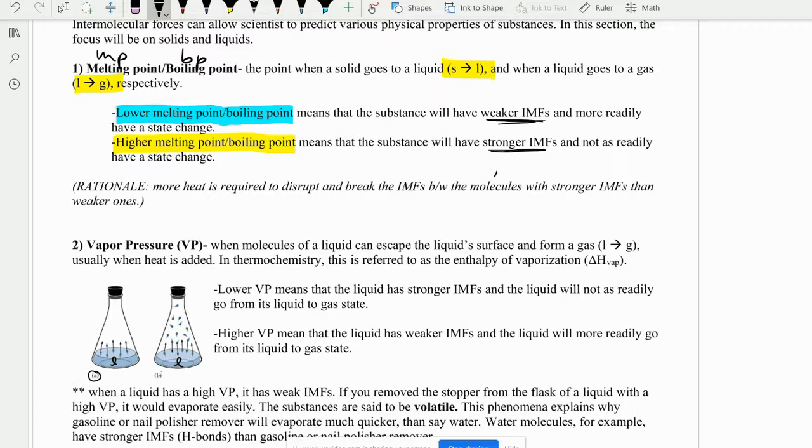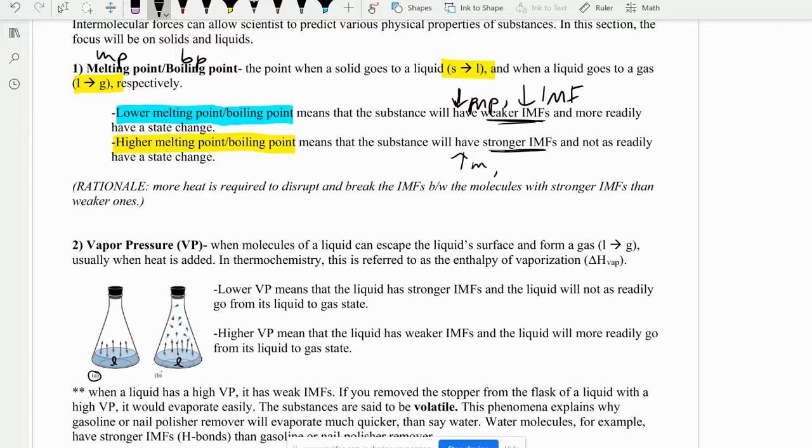So what you should see here is that these two variables, melting point and boiling point, as they relate to weak and strong IMFs, are directly proportional. In other words, for example, the lower the melting point of a substance, the lower the intermolecular forces. And the opposite is true.